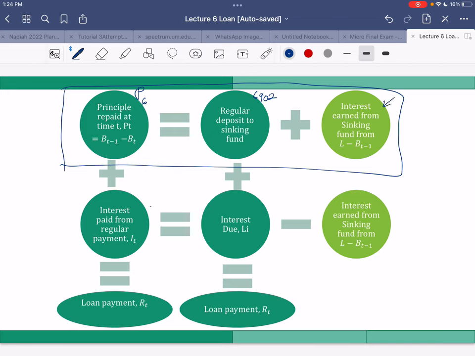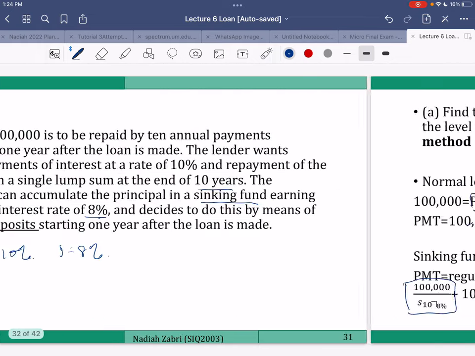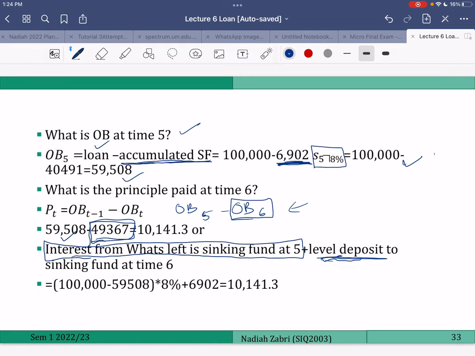This is the interest earned from all of the amount that is already accumulated in the sinking fund. All the amount accumulated in the sinking fund, you can see it as the loan minus the outstanding balance at time 5, or you can calculate it yourself. So loan minus outstanding balance at time 5, times I, is the interest earned from the sinking fund, plus the regular deposit.